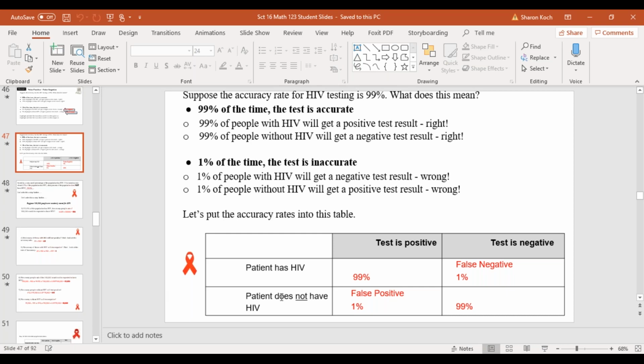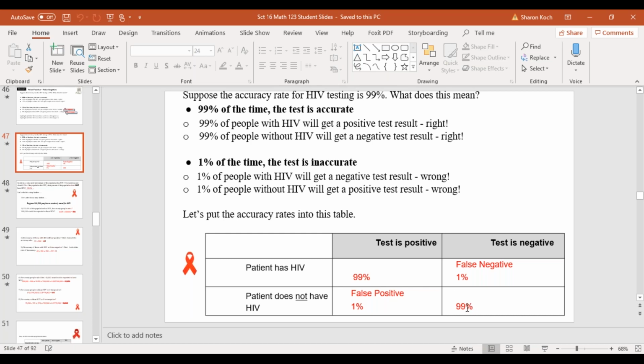Either the patient has it or they don't, and they're either going to test positive or negative. Now, if the test is correct and they have it, 99% of the time, they're going to test positive. If they don't have it, that means 99% of the time, they're going to test negative. Now, notice these are diagonal across from one another.